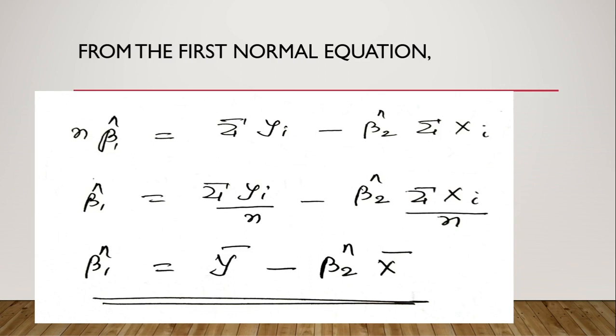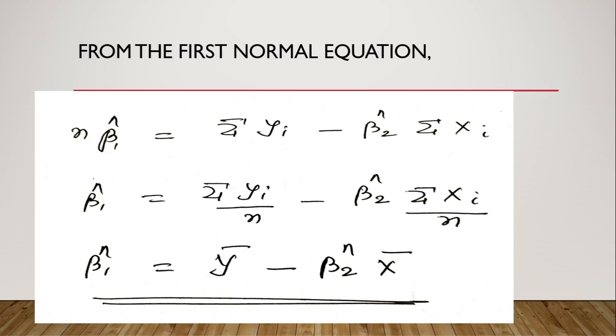So dividing throughout by n, beta 1 hat is equal to sigma yi divided by n minus beta 2 hat into sigma xi divided by n. So what is sigma yi by n? That is y bar. So beta 1 hat is equal to y bar minus beta 2 hat x bar, since sigma xi by n is equal to x bar.